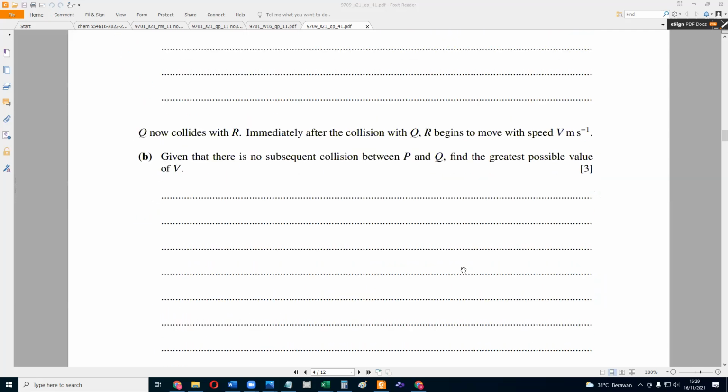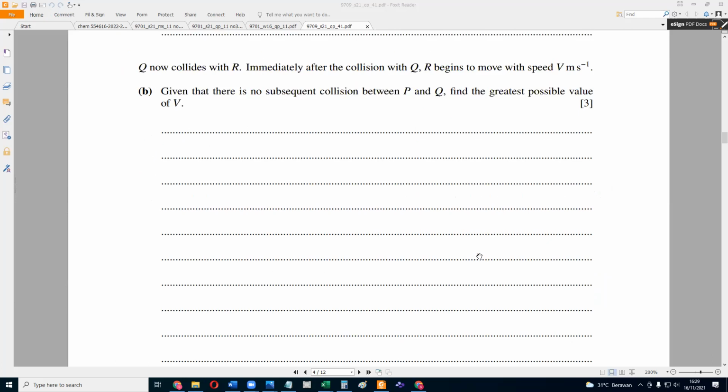Okay, next. Q now collides with R. Immediately after collision, R begins to move with the speed V meters per second. Now let's have the condition here. We have Q moving to the right with the speed 3 meters per second, and R here. Initially, R is not moving. The same condition applies before and after.